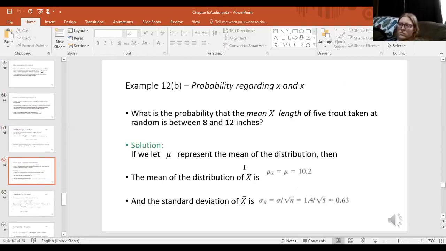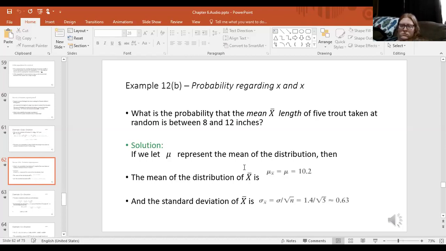Now, look at the next question. This is where the sampling distribution of sample means comes in. What is the probability that the mean length of 5 trout taken at random is between 8 and 12? The difference between the two questions is that the first one was a single trout, the regular distribution.